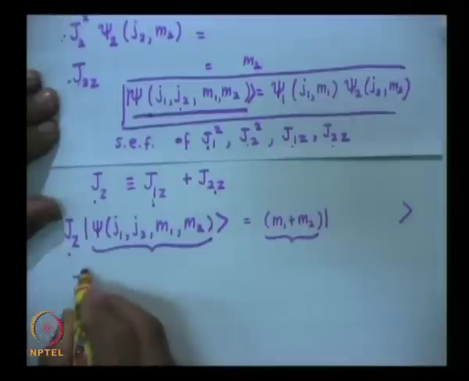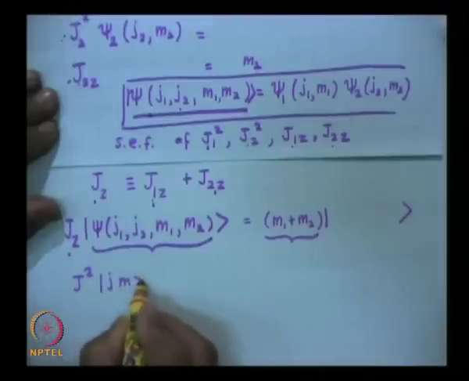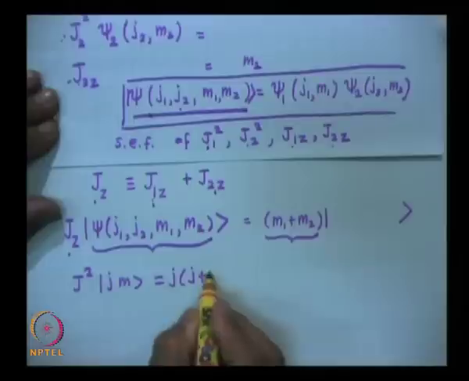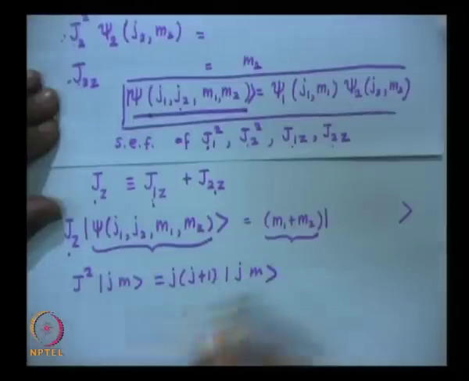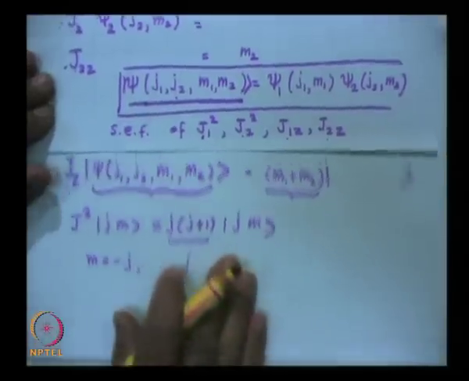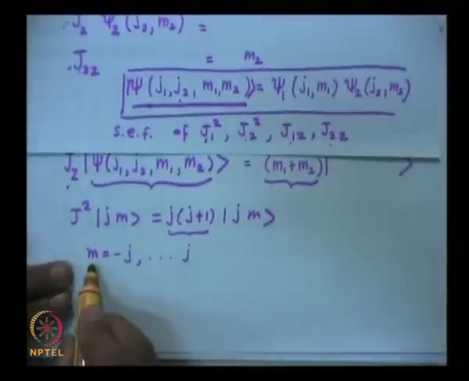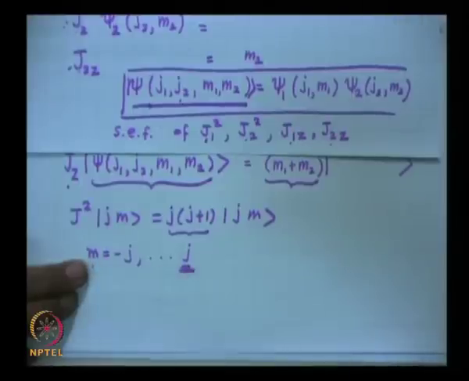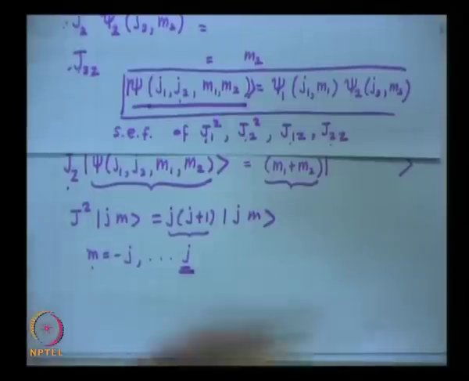Once we know all the eigenvalues of Jz, we can find out immediately the eigenvalues of J square, because I know that J square |J M> is equal to J into J plus 1 |J M>, and the value of M goes from minus J to plus J. So, if you give me a set of values of M, then the maximum value of M will correspond to the value of J. Let me give you an example.